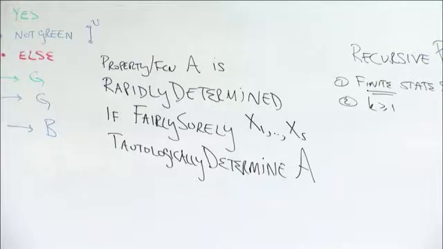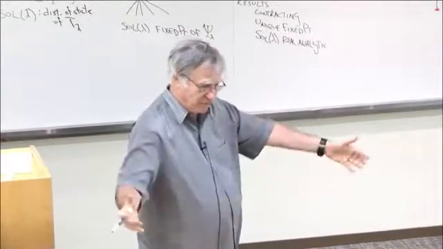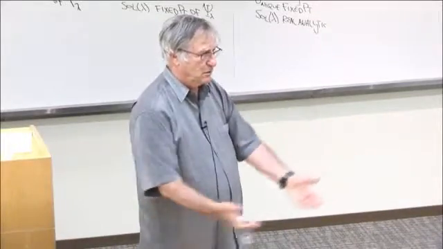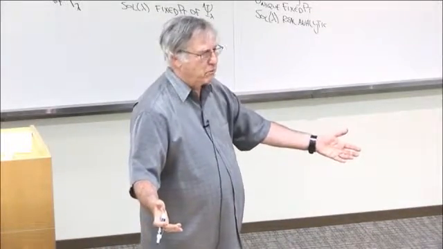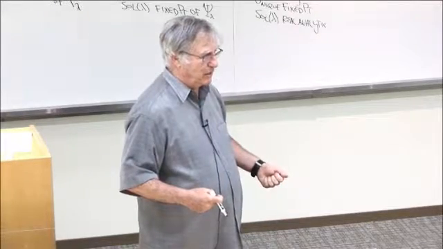Let me give an example of something that's not rapidly determined: whether or not the tree is infinite. So consider the property that the tree is infinite, and think of lambda greater than 1. If you have x1 through xs, with a positive probability, I mean bounded away from 0, at the end of x1 through xs you're going to have this huge number of nodes that you know you have, but you don't tautologically know that the tree is going to be infinite.